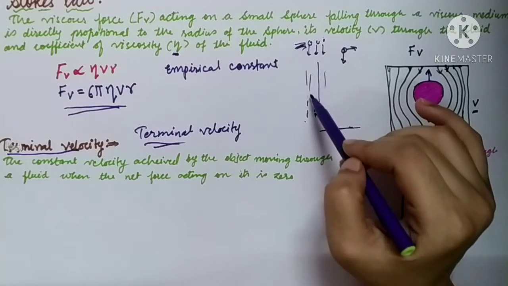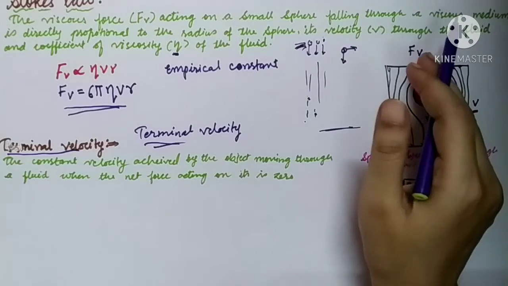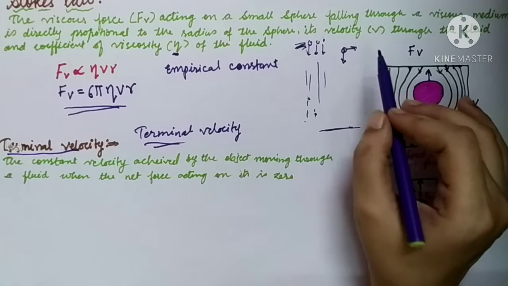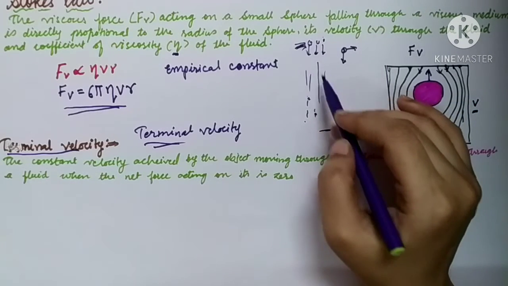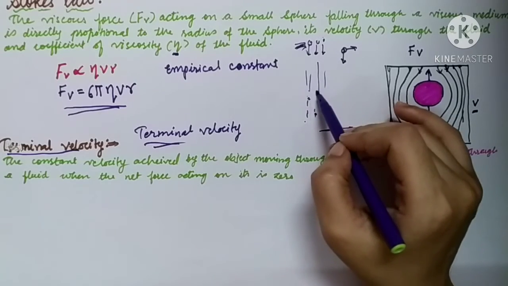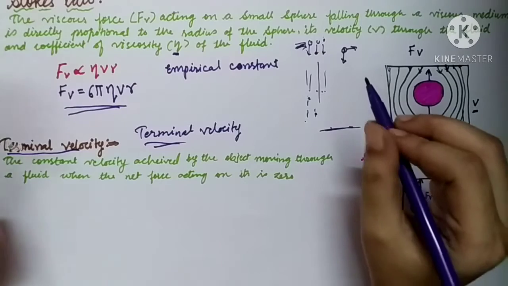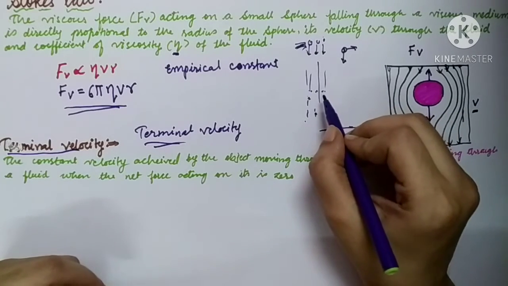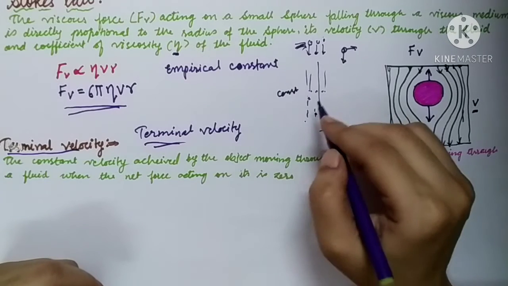So when they are moving, why don't we experience a very high velocity of these raindrops? We see that all the raindrops are moving with a constant velocity, almost constant velocity.